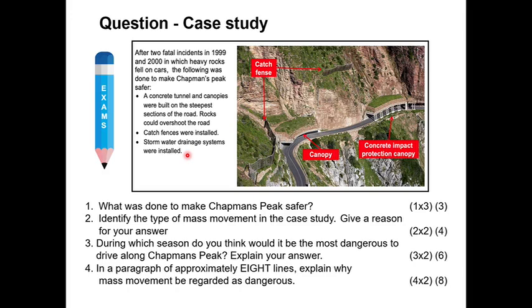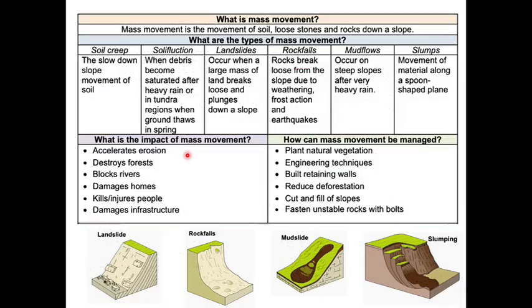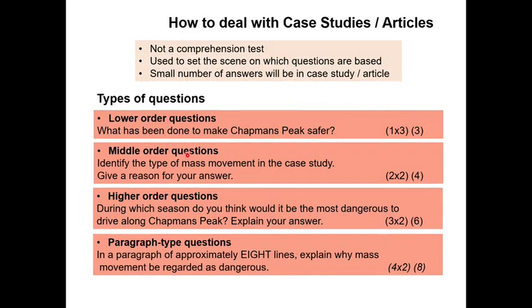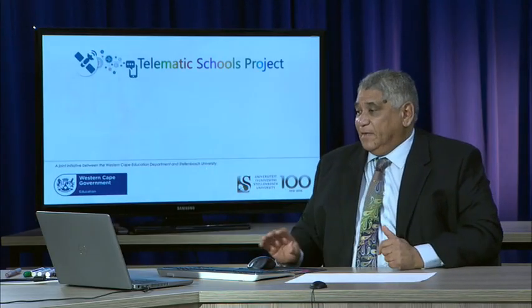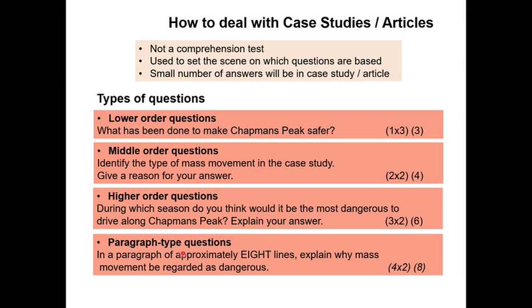So if we have a look at our question again: during which season do you think it would be most dangerous? Definitely a higher order question, and you would have to explain your answer. That wasn't in the case study. Then you can also get a paragraph type question. In a paragraph of approximately 8 lines, explain why mass movement can be regarded as dangerous.